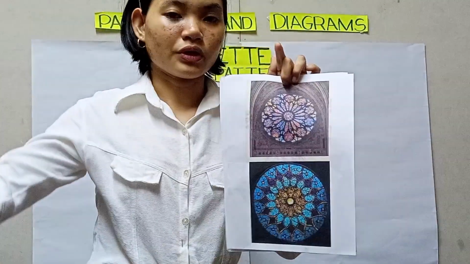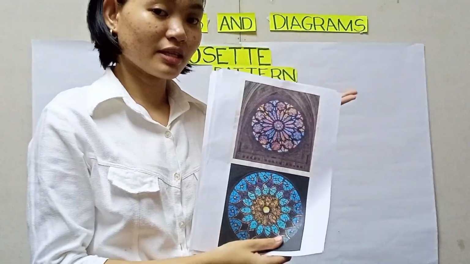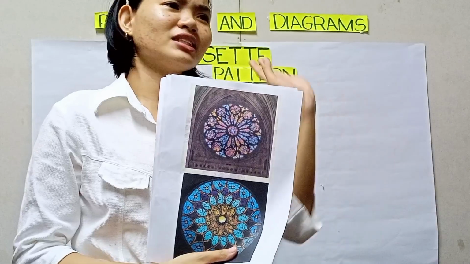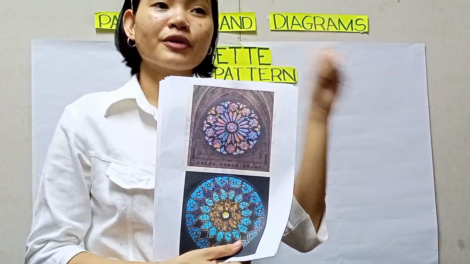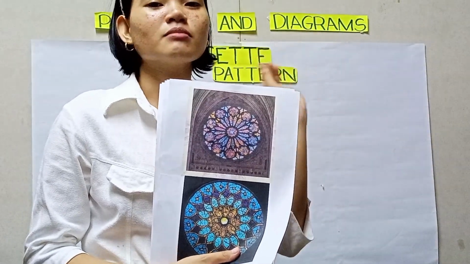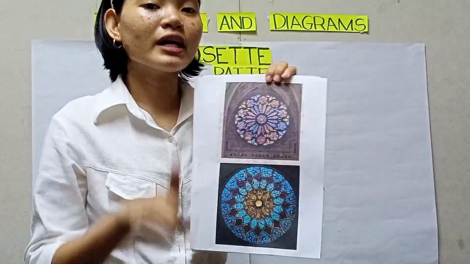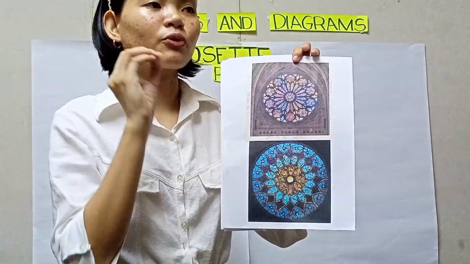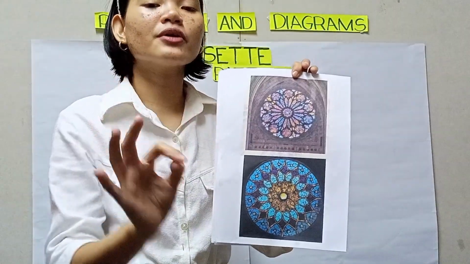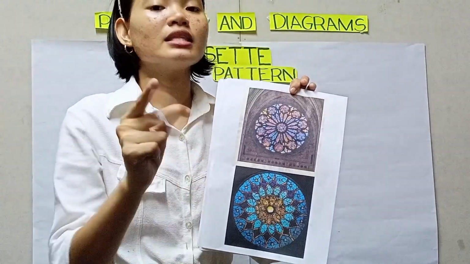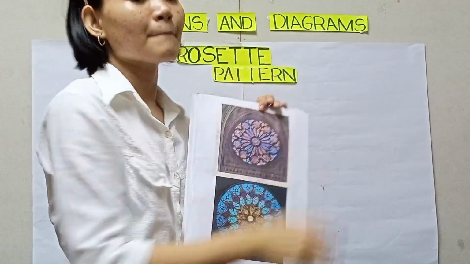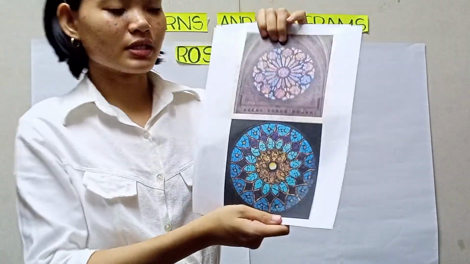So we can say that the Rosette pattern doesn't require that the lines must be curved or circular. As long as the lines radiate in a circular or spiral arrangement, then it is under the Rosette pattern. Here is the example.